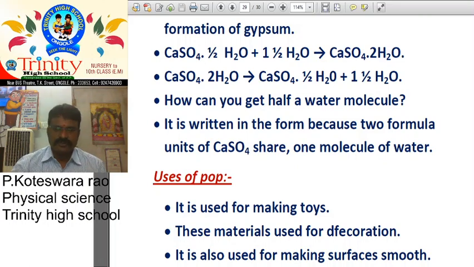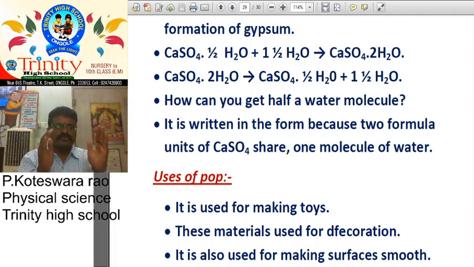Here is one most important question we already discussed. Why should plaster of Paris be stored in a moisture-proof container? Why should it be stored in a waterproof container? What is your answer?